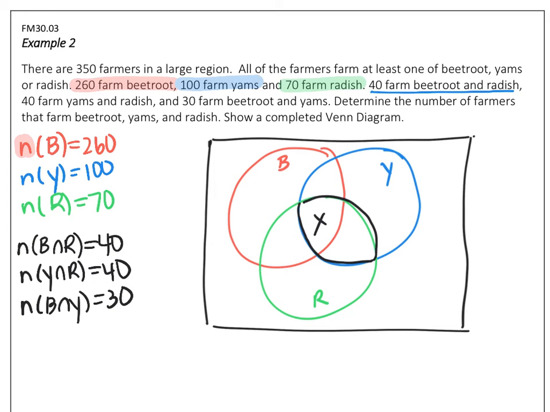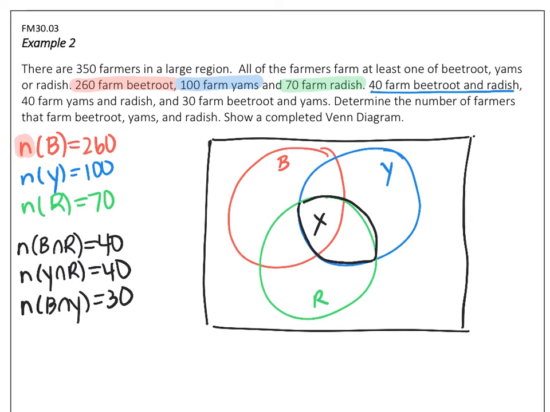So this one, at first glance, looks kind of complicated, but it's actually not, because we have the total value. If we tried to fill in the diagram here, it's going to get ugly, because the whole value of beetroot and radish, for example, or yam and radish or whatever, is 40.